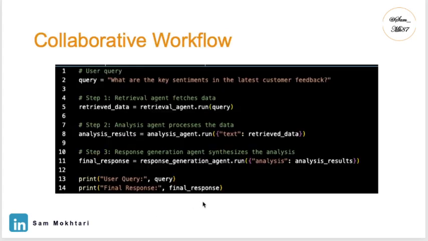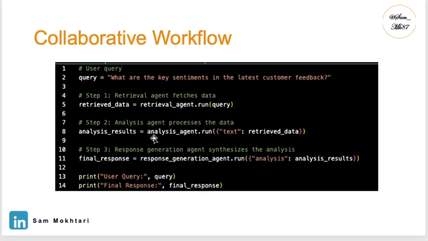And now we put all of those together as a workflow. We have the query, and the retrieval part helps us find the relevant customer feedback based on this query. Then that retrieved data is passed to the next agent, which uses it to identify the sentiment related to that specific query, along with the relevant customer feedback.